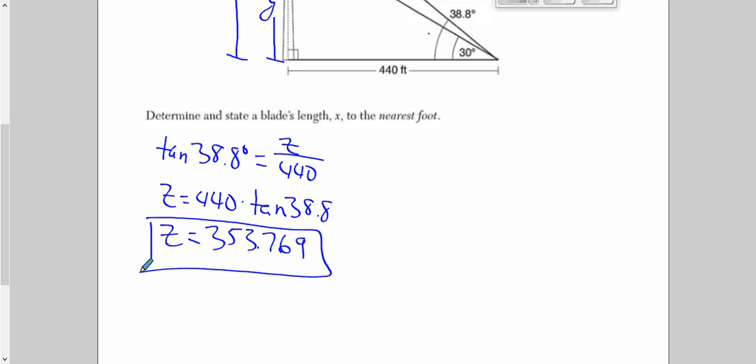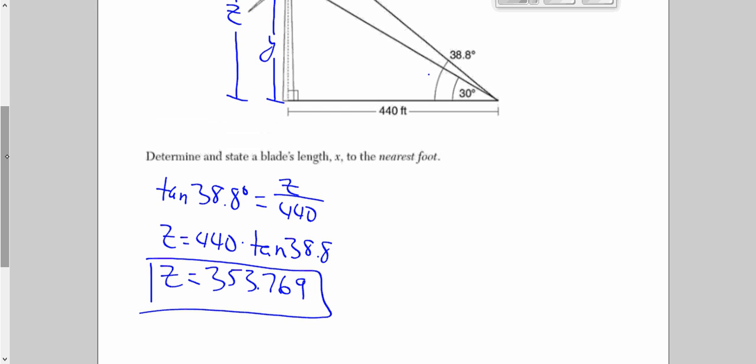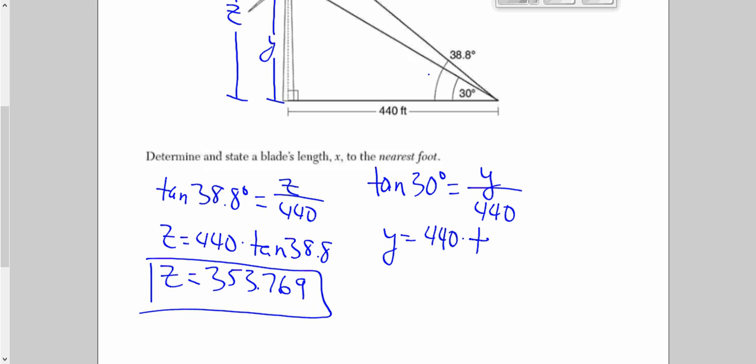I'll box that in so I can come back to it. And now I'll find my Y. That's again tangent, but with 30 degrees now, right? So tangent of 30 degrees equals Y over 440. So Y equals 440 times tangent 30 degrees. And for Y, we should get 254.034. Yes.